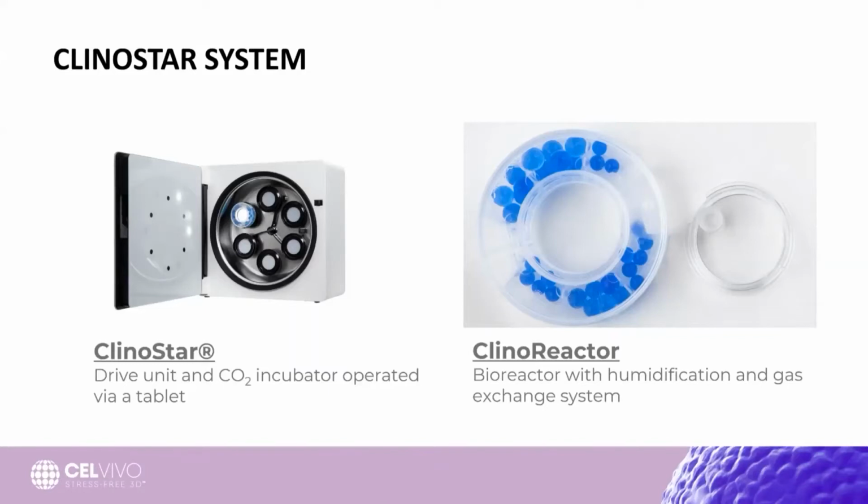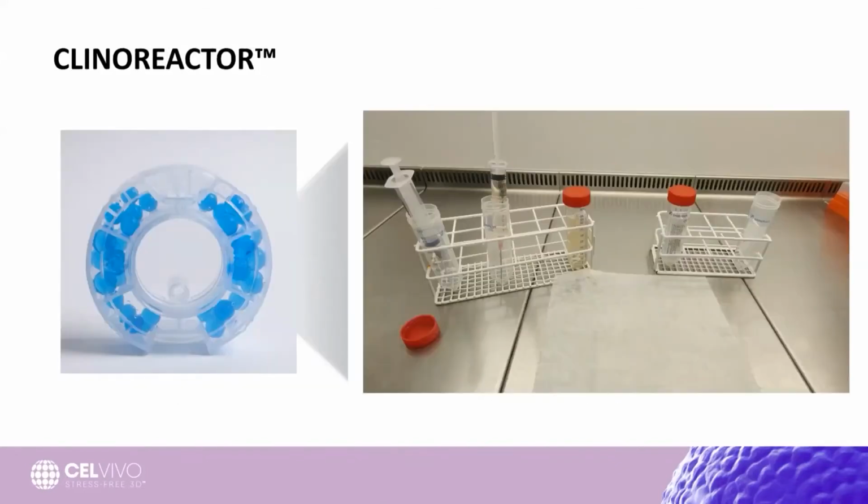The CLINOREACTOR is very convenient to use, and in the next slide I'll show you a video on how you can extract samples from the system. They are Hep2 cells. This is our founder Christoph who is using them.